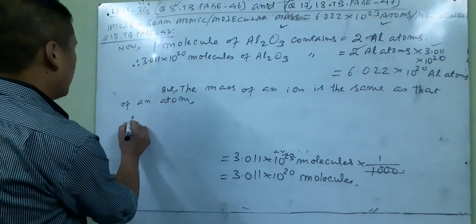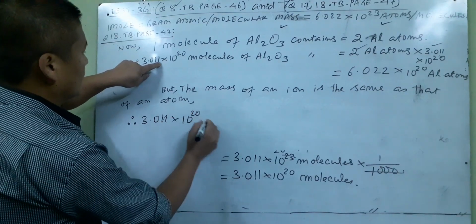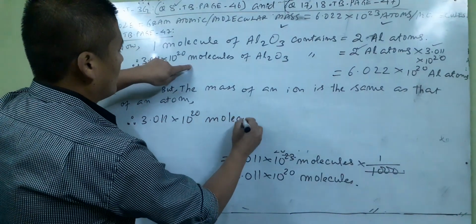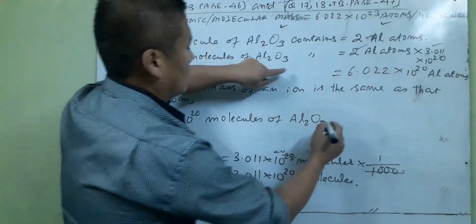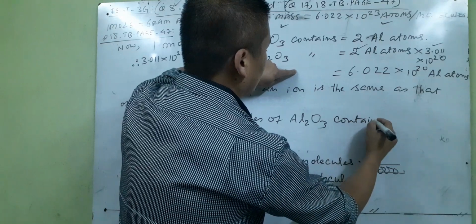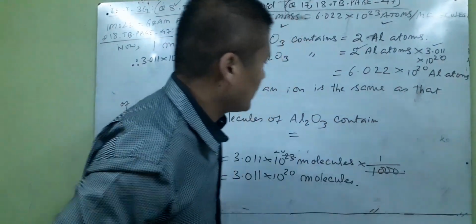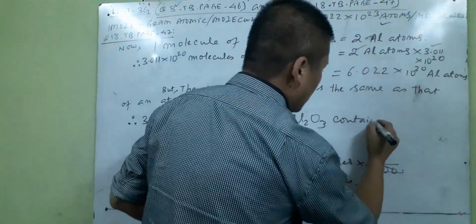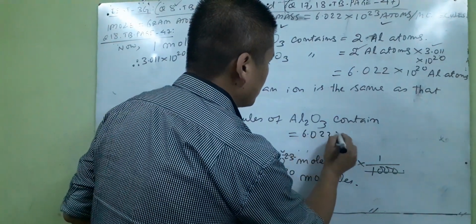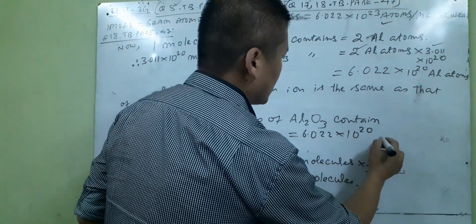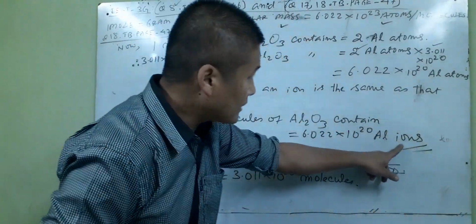So we write here, therefore, 3.011 into 10 to the power 20, let's write the same statement, molecules of Al2O3 will contain, I have to put not as contain because it's plural here, this side is plural, same number, 6.022 into 10 to the power 20 aluminum ions, because ions, atoms are same.